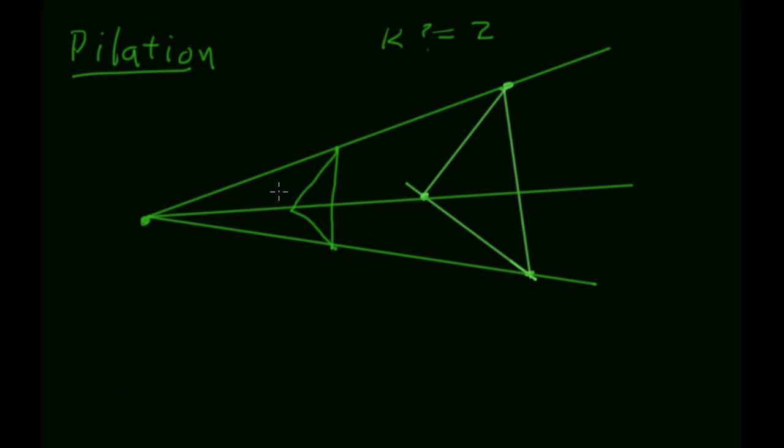So let's say that this was A, B, C, and this is A prime, B prime, C prime. So ABC would be the pre-image. This is the image. What we end up with is a larger version of it. If the absolute value of k is greater than 1, we get an expansion.